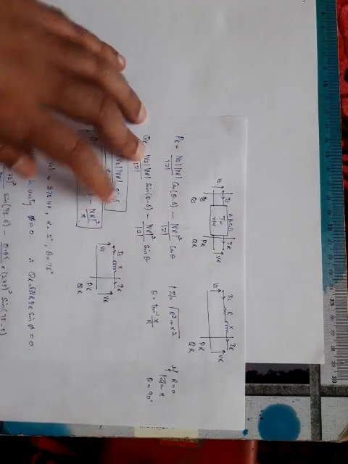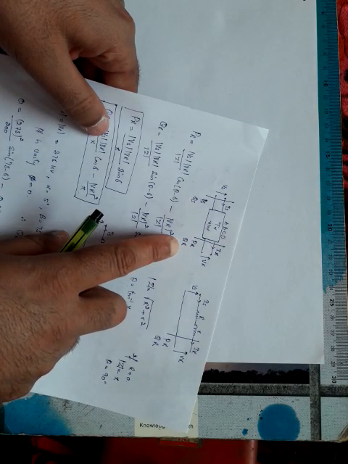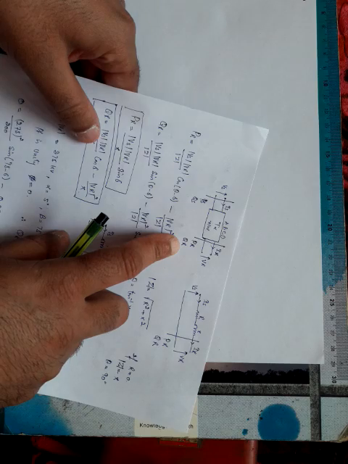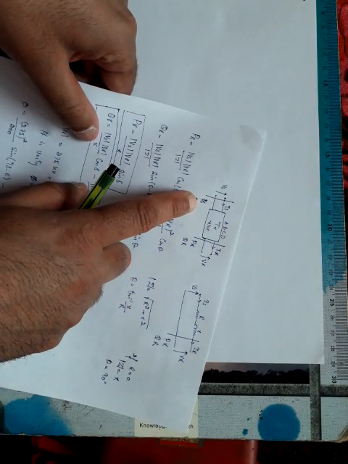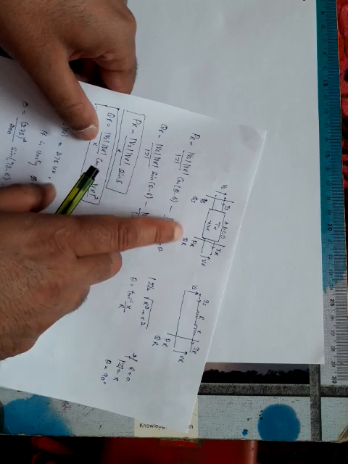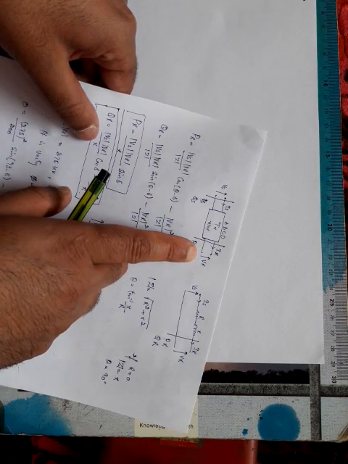When ABCD parameters are given, then we find PR and QR, the real power and reactive power at the receiving end, not at the sending end. We're only concerned with the real and reactive power at the receiving end.